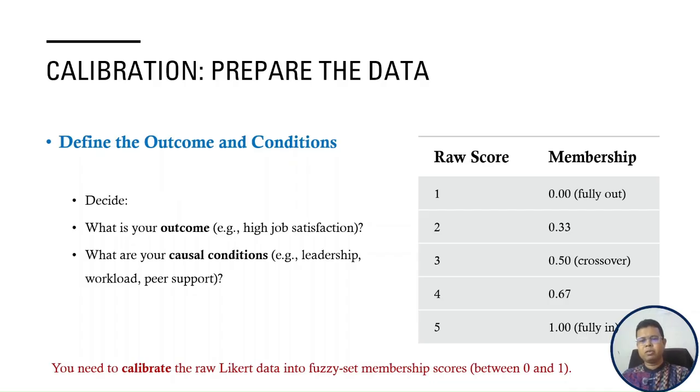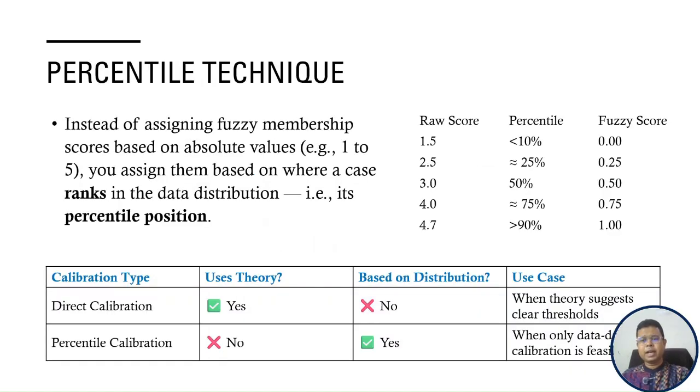In many papers you will find that one means the membership is fully out, five means the membership is fully in, and three means the crossover point. So that's one example. On the other hand, we can calculate based on the percentile.